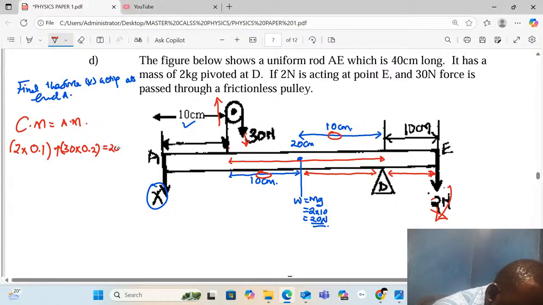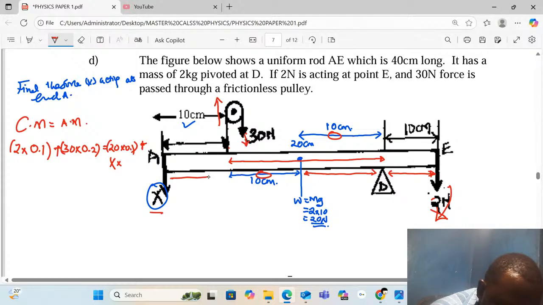So it is 20 times 0.1, plus the force X times the perpendicular distance.